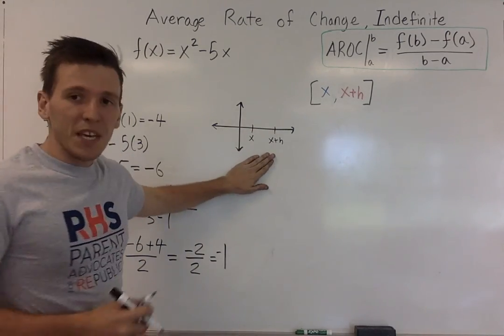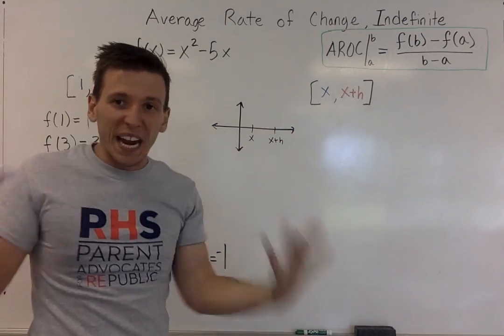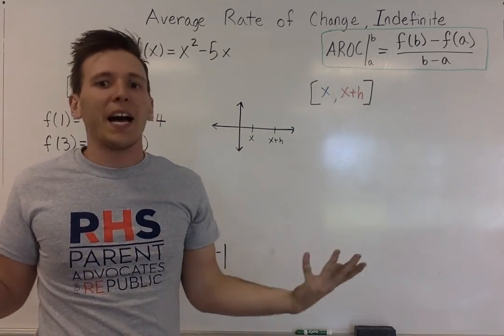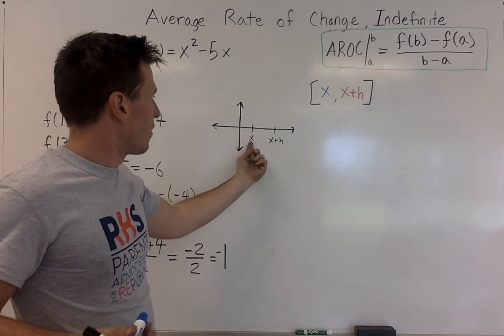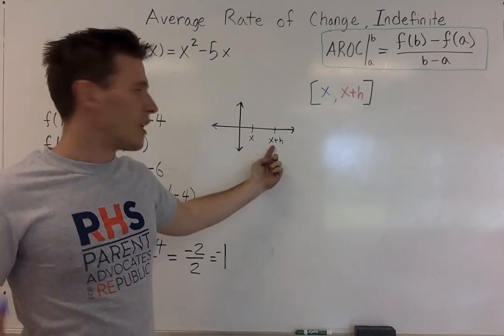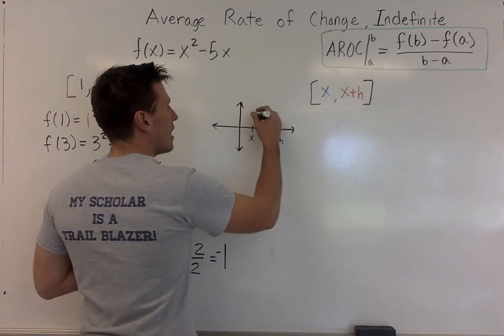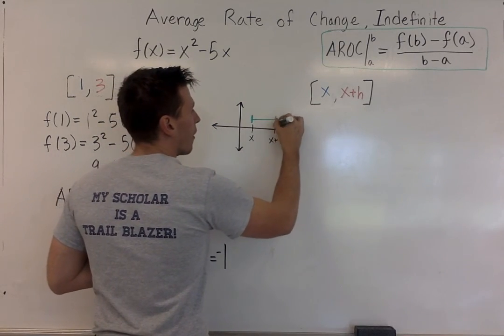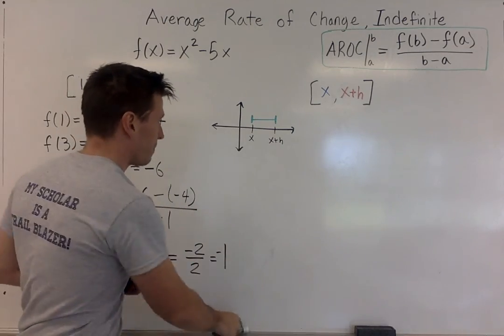We can do the same thing for points that haven't even been picked yet. x and x plus h can represent any 2 points on an entire plane. This x coordinate is some number, and this other x coordinate is some other number. And h is the magical thing that lets us relate them, because h tells us exactly how far apart these 2 x coordinates are from one another.